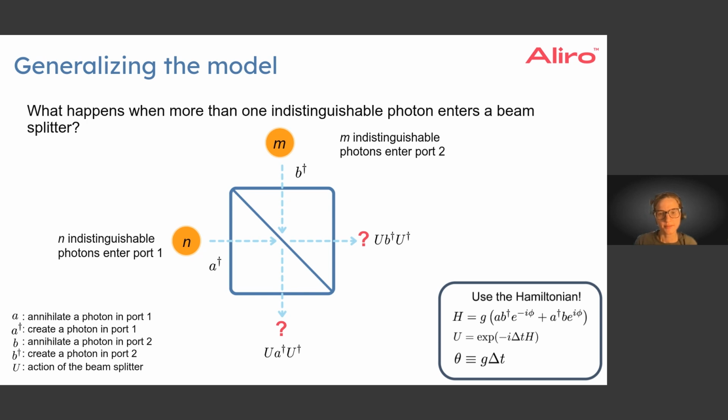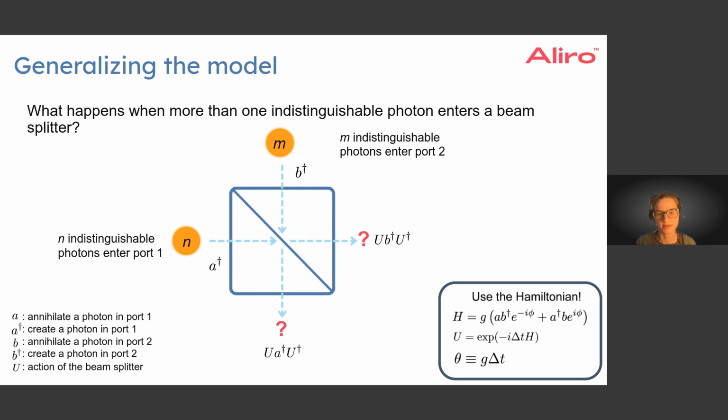So in this case, we can think of this unitary as being parameterized by a Hamiltonian, and the Hamiltonian here is going to be some coupling term G multiplied by A B dagger e to the negative i phi plus A dagger B e to the i phi.